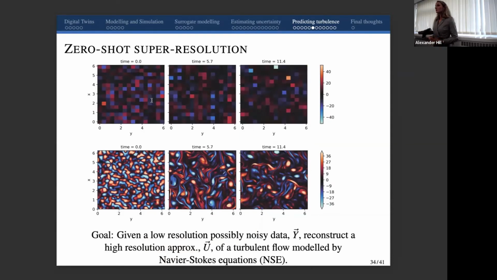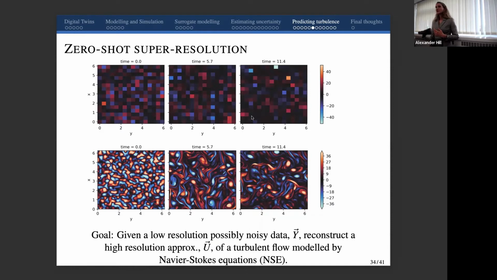One of the things that we've been looking at is so-called zero-shot super resolution. What we mean by this is, how about we solve Navier-Stokes at a low resolution, as you see above here, and we use neural networks with some physics in them to super resolve it.